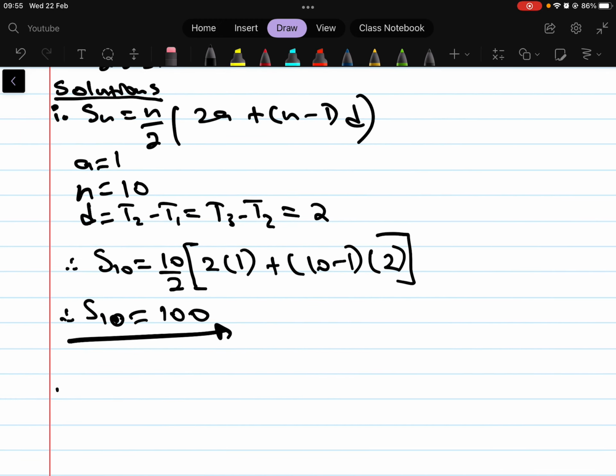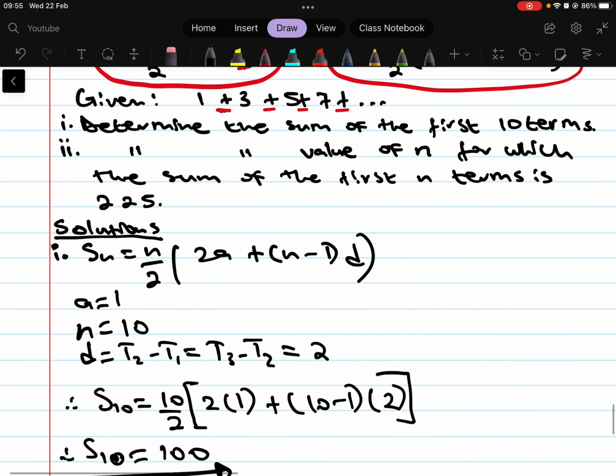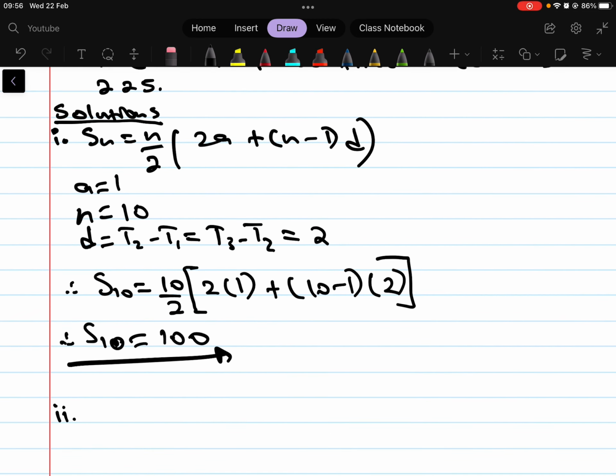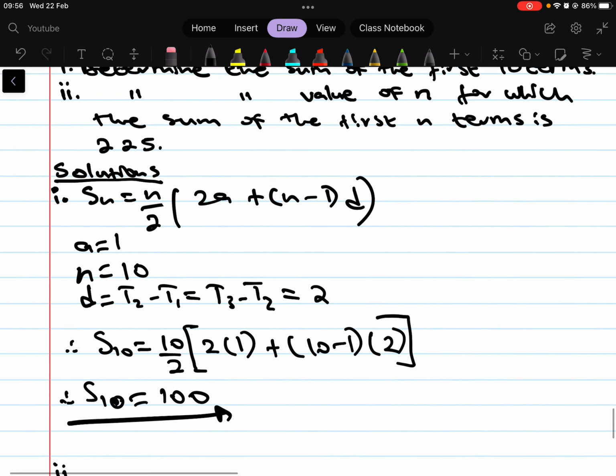Now we move to the second part of the question. They are asking us to determine the value of n for which the sum of the first n terms is 225. So basically, the question that we had at first, they're just reversing it. Now they are giving us the sum to n, and they are asking us to get the value of n.